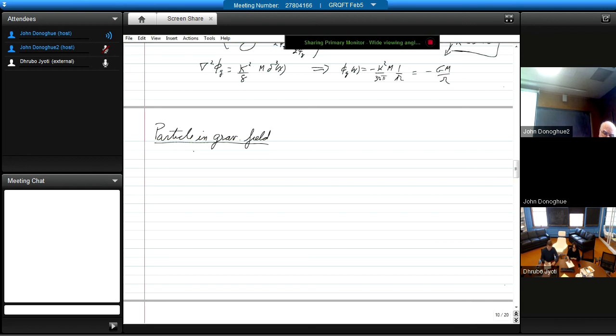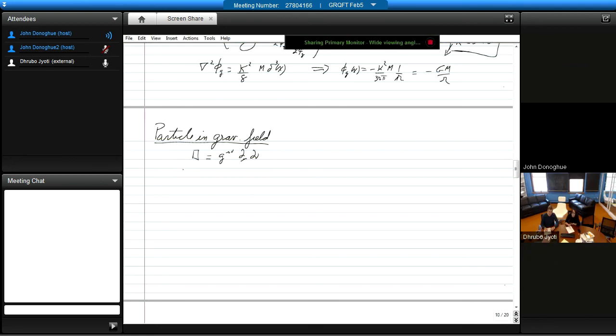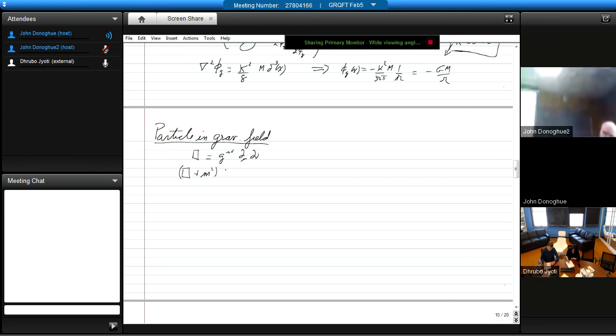Recall that box is just g mu nu d mu d nu at this stage. So we're solving box plus m squared phi equals 0, which is g mu nu d mu d nu plus m squared phi equals 0.